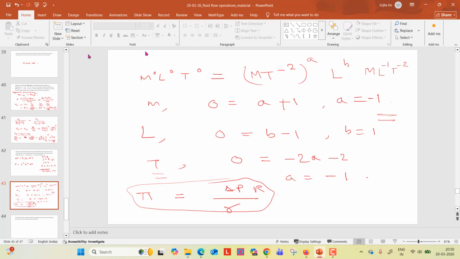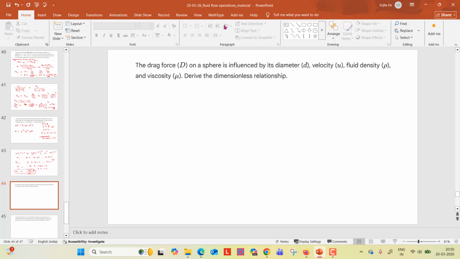Next, the drag force on a sphere is influenced by its diameter, velocity, fluid density, and viscosity. Derive the dimensionless number. This also has been done in the earlier question, but still I can do it. The last we have done with Buckingham pi theorem, right?